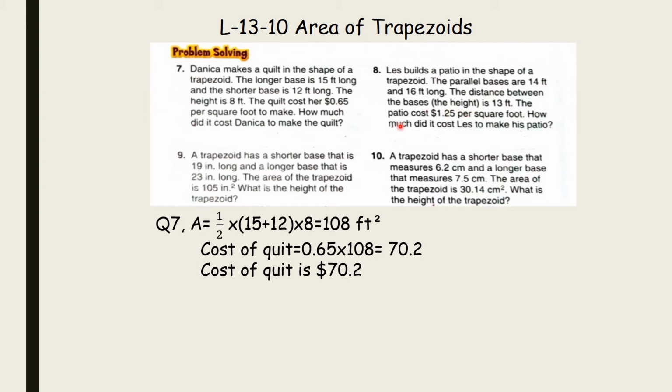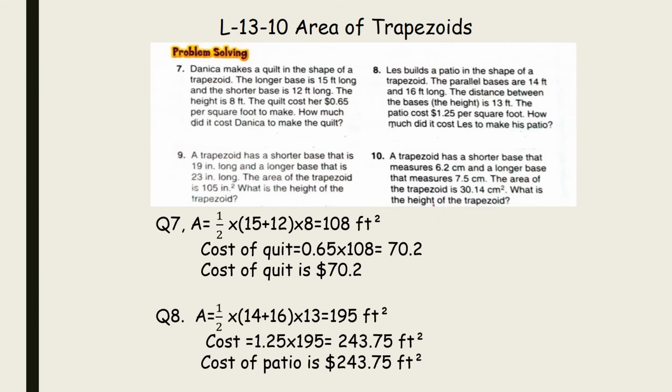And same here, find the cost, 1.25 per square feet. Then how to find? You can see in this one b1 and b2 is 14 and 16, half and multiplied by height is 195, and 195 multiplied by 1.25 because it is given 1.25 per square feet. What is the answer?